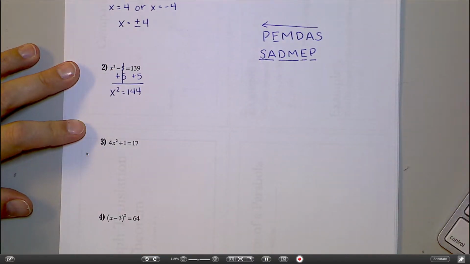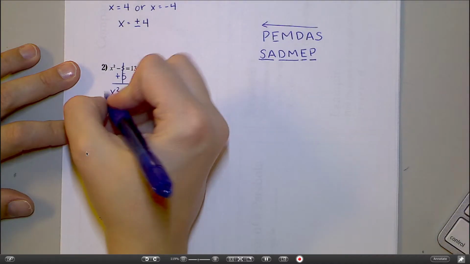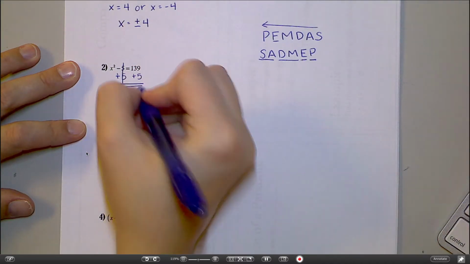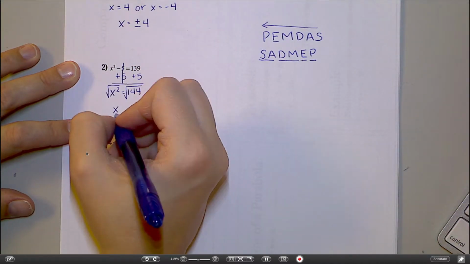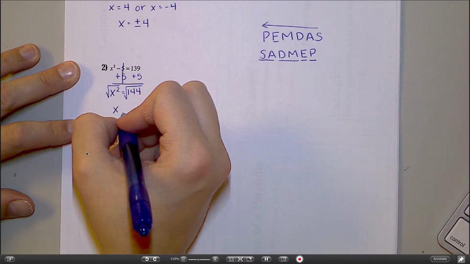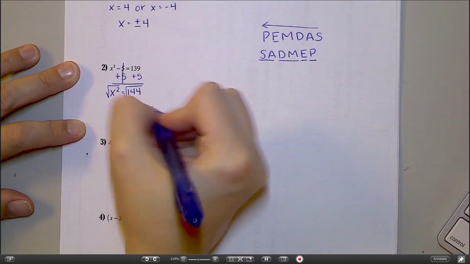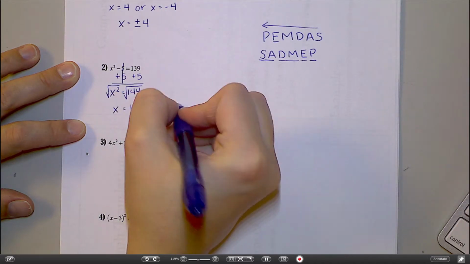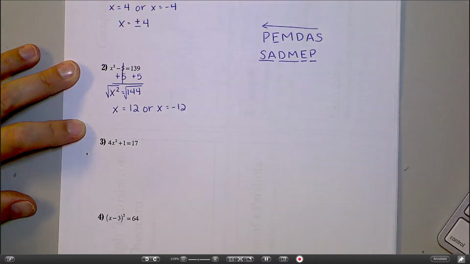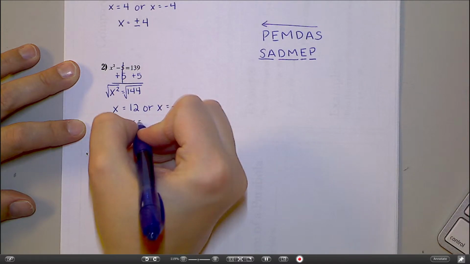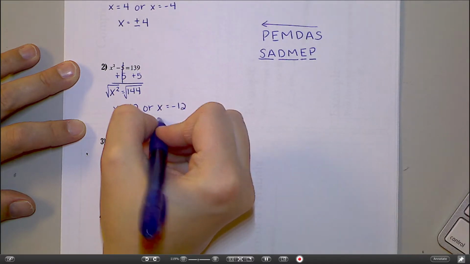And now, square root. What's the square root of 144? Or, don't forget the or. x equals 12 or x equals negative 12, because both of those would work. Could also say x equals plus or minus 12.